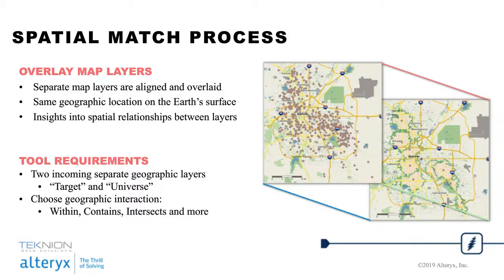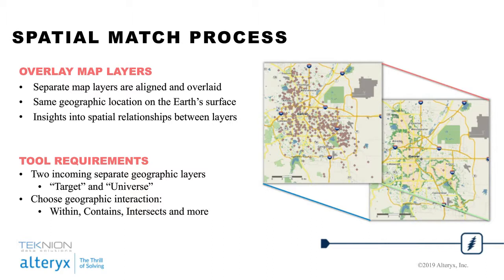Today, again, we're going to cover spatial match. I wanted to give a quick overview of what spatial match is and how it works. As you can see on the screen, we've got two separate layers, and these may look familiar if you joined last week's session. These are some customers in Colorado and some stores and their trade areas in the Denver area. With spatial match, you actually overlay separate map layers onto each other.